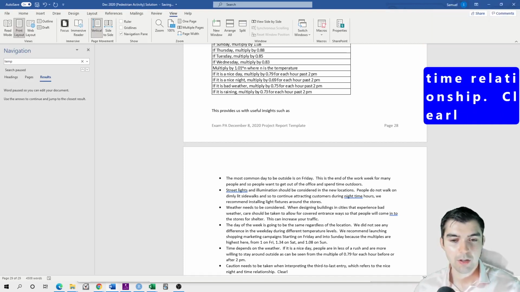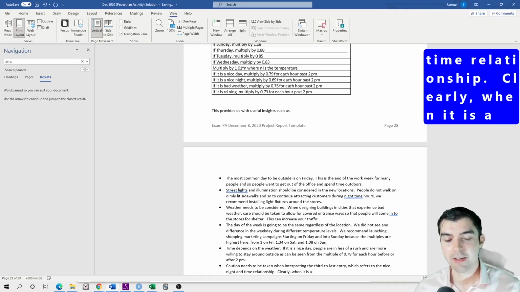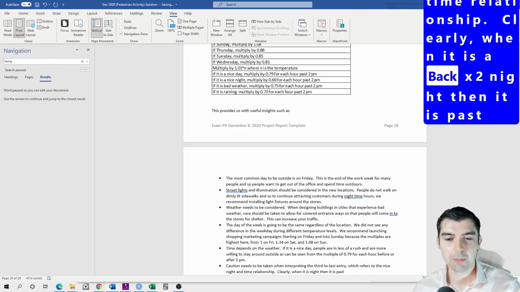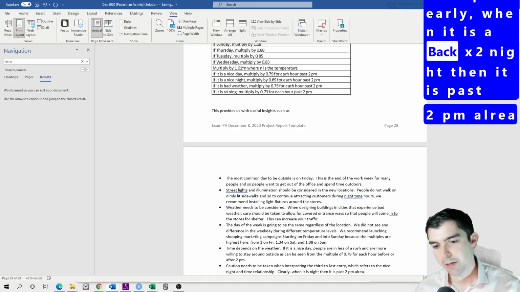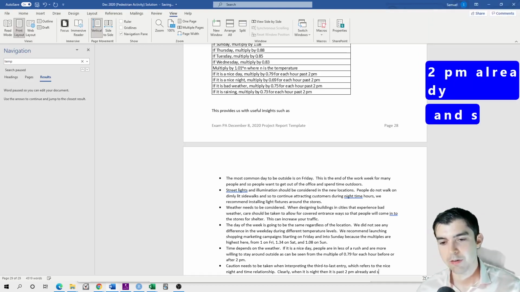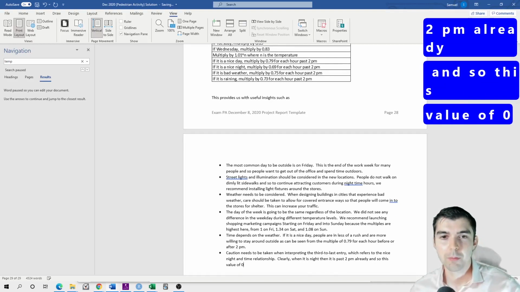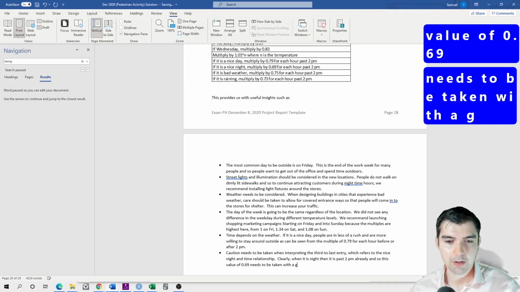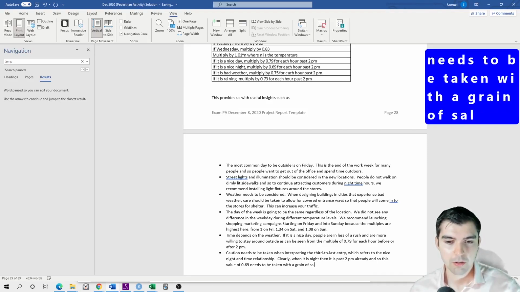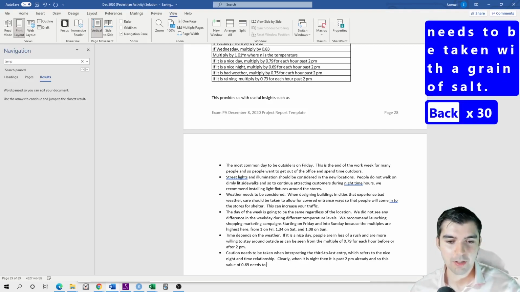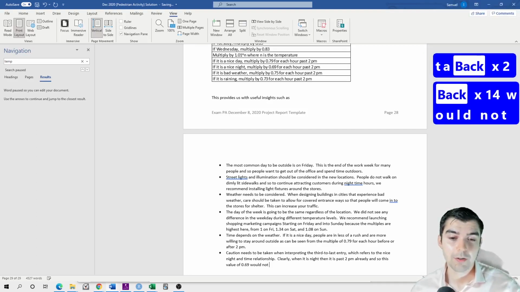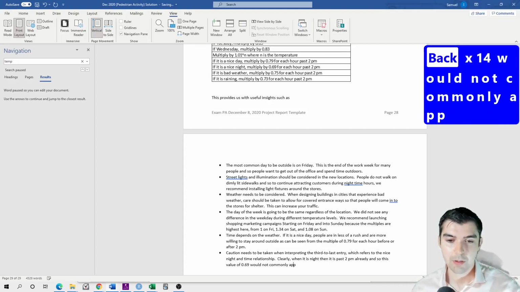Clearly, when it is night, then it is past 2 p.m. already. And so this value of 0.69 should not commonly apply.